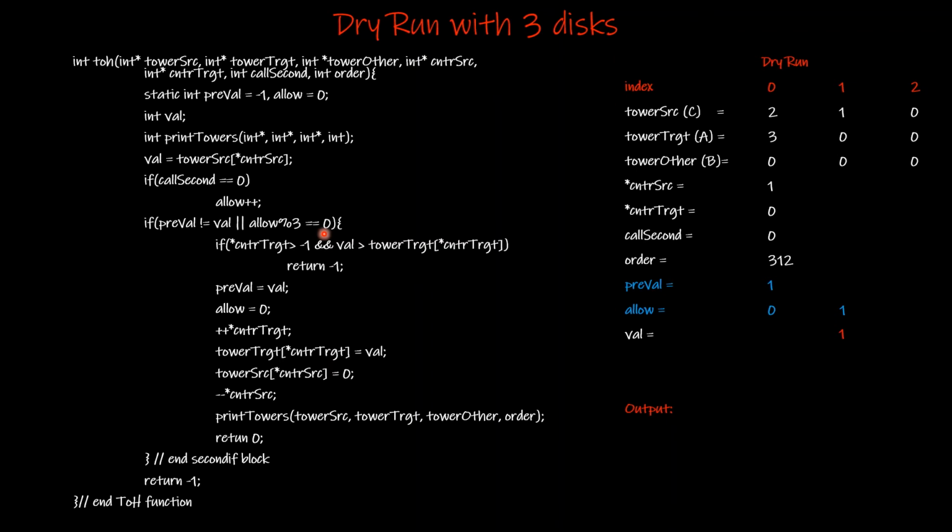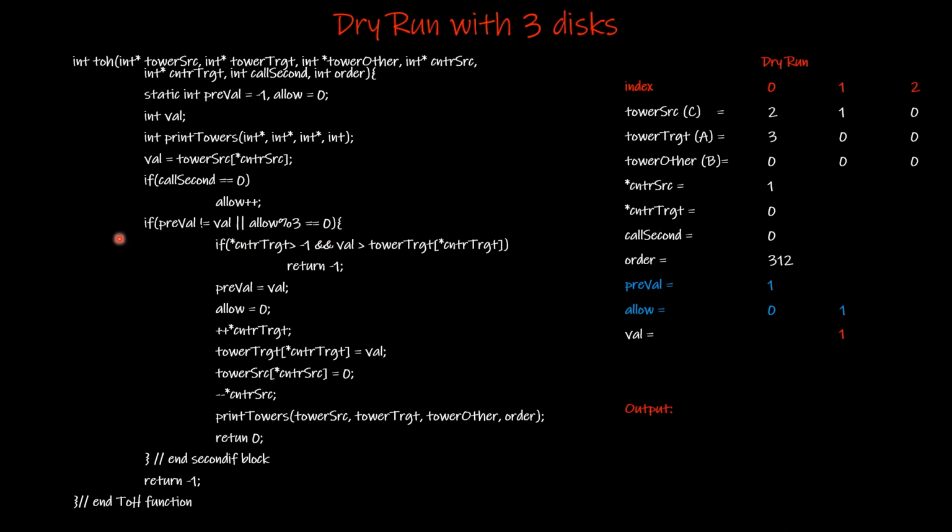And if you remember the precondition, it states that if the disk under consideration to be transferred was the most recent disk to be transferred from the previous tower to the current tower, and if we are in the same cycle, then we are not allowed to transfer the disk, and therefore this transfer must not happen, and therefore this condition is not going to allow that particular transfer.